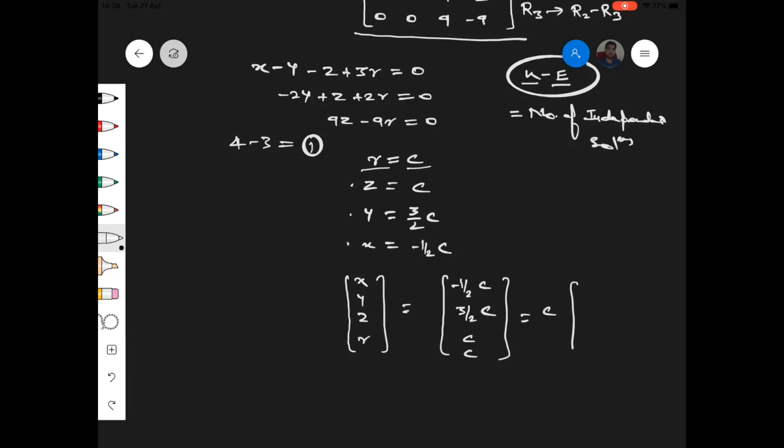If I take c common, so it is going to be minus 1 by 2, 3 by 2, 1 and 1. So see here, this is the meaning of non-trivial solutions, and since the rank was less than n in the initial coefficient matrix, it is going to have infinitely many solutions. So here c belongs to the set of real numbers. You keep on choosing the values of c, you will get different solutions of this system.